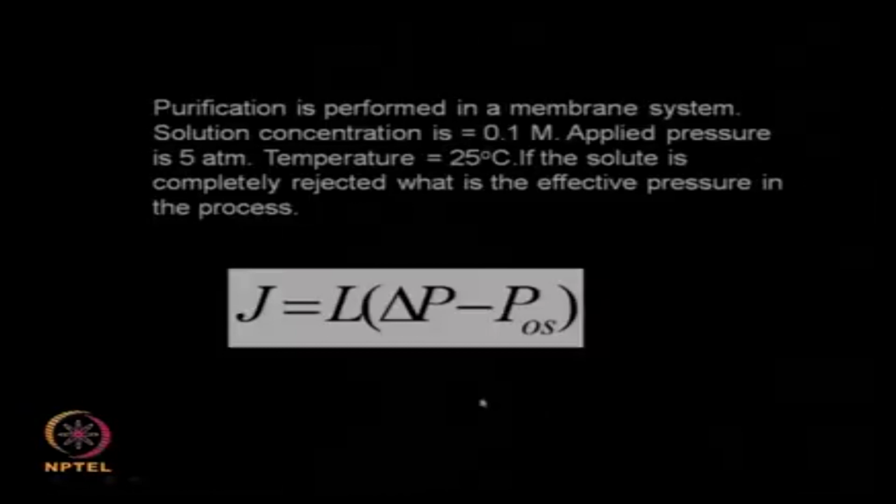That will give you the POS. Your pressure may be 5 atmosphere, but because there is a negative term and POS comes in, your total driving force gets decreased. So your rate in the membrane is decreased because of this R into 298 into 0.1, understand? So this is how you calculate the rate of membrane purification.